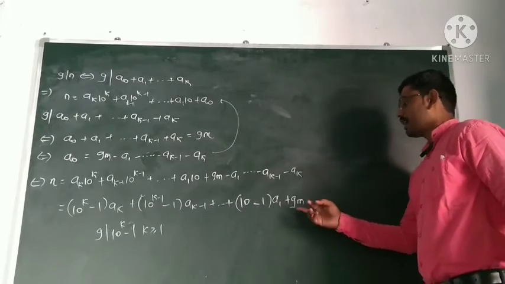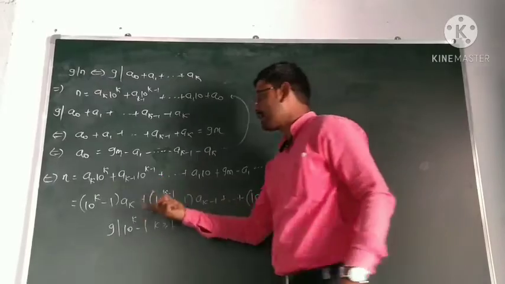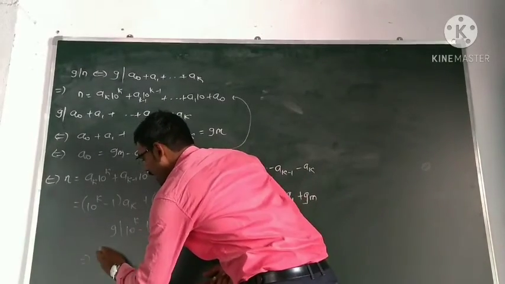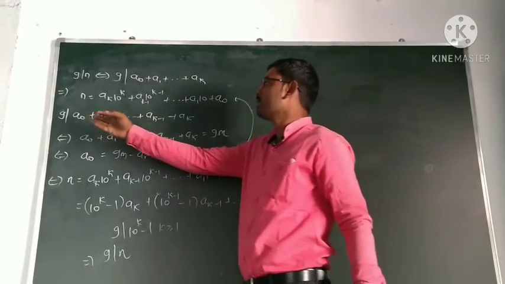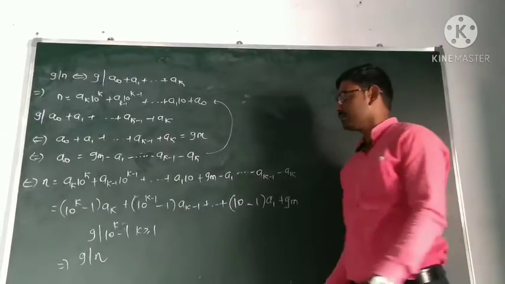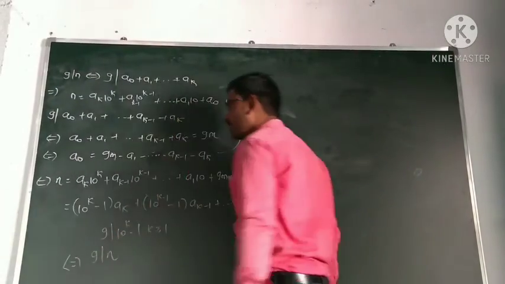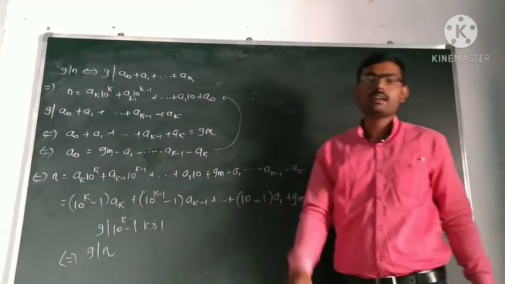So each term here is divisible by 9, and 9 also divides 9m. This implies 9 divides n. So we started with 9 divides the sum of digits and ended with 9 divides n. So the number is divisible by 9 if and only if the sum of digits is divisible by 9.